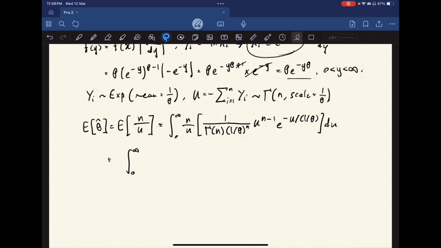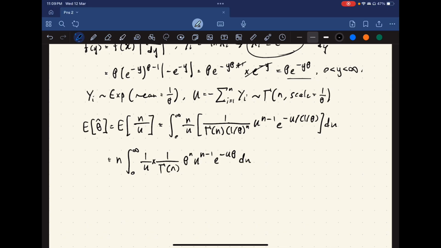We can bring the n out, and 1 over u remains, multiplied by 1 over gamma n, multiplied by theta to the power of n, u raised to the power of n minus 1, and e raised to the power of negative u theta, du.